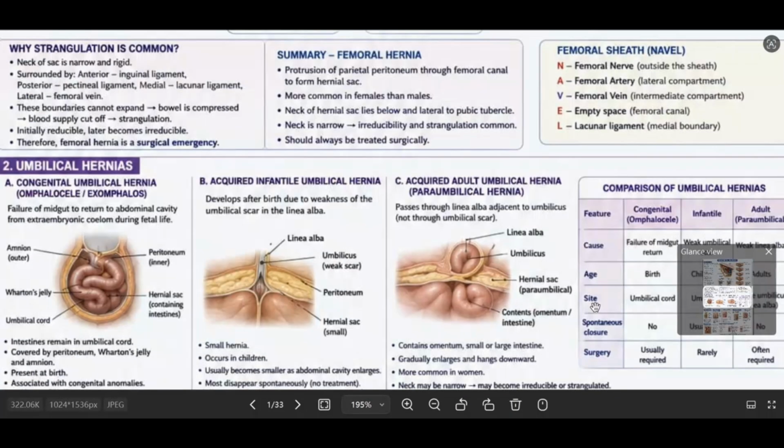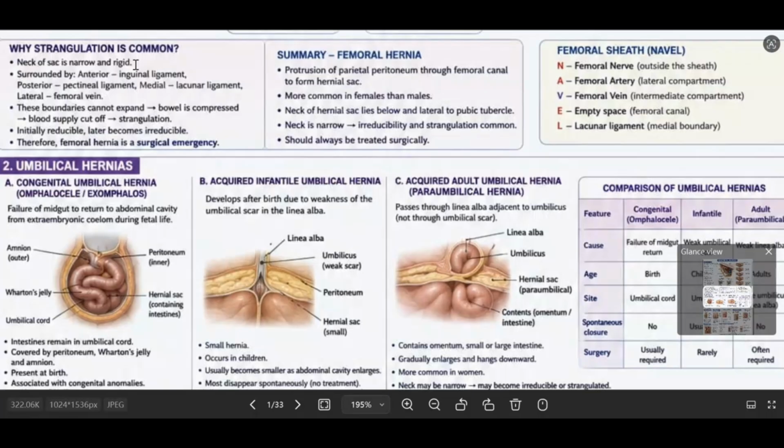Okay, now why is strangulation more common here? The book repeatedly emphasizes that the neck of the femoral hernia is narrow and rigid, and strangulation means obstruction. Obstruction is going to happen when the passage is narrow. That's why the femoral ring is narrow and rigid, because it is surrounded by the anterior inguinal ligament, posterior pectineal ligament, medial lacunar ligament, and the lateral femoral vein, and these structures cannot stretch.